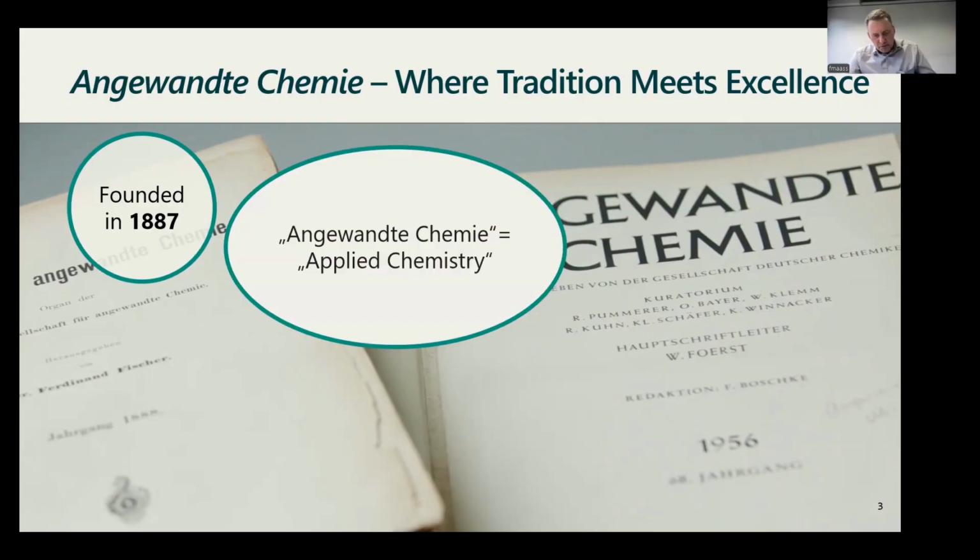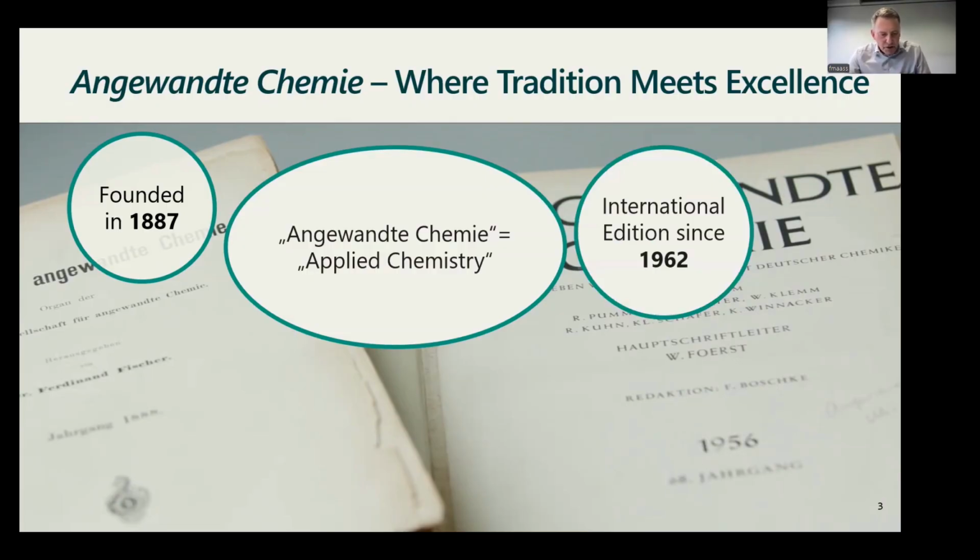Angewandte Chemie, for those who don't know, translates to applied chemistry. That's all. In 1962, the international edition was launched. The launch of the international edition, of course, opened the journal to an international audience of authors and readers. The name of the journal was kept in German, as it is a brand name.